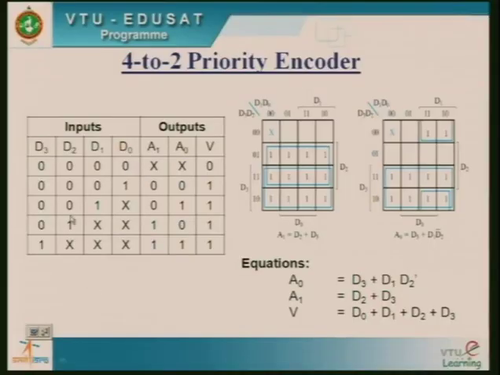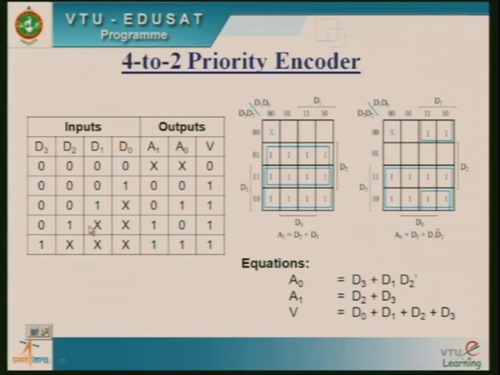So let us design this 4:2 priority encoder. In this you can see the inputs. We have 4 inputs, as I discussed, 2 outputs and 1 valid output. So we have filled this truth table. So considering no inputs, D0 input, both D1 and D0, no matter whatever may be the D0, D1 has got highest priority.